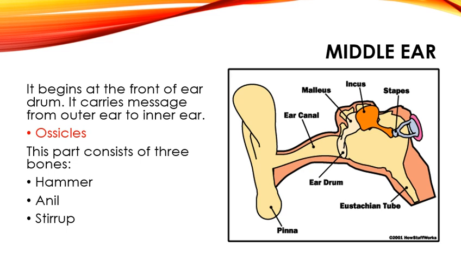Number one, the ossicles. This part consists of three interconnected bones. The names of these three bones are hammer, anvil, and stirrup.